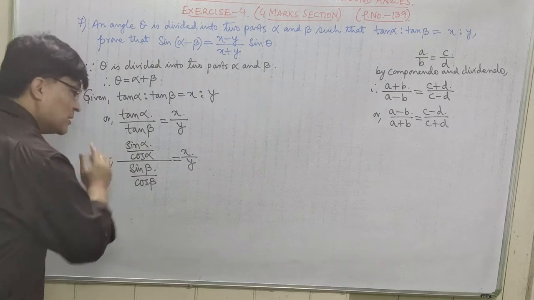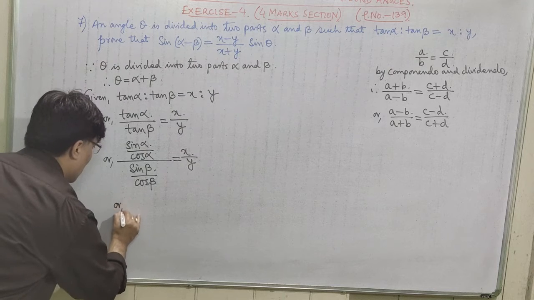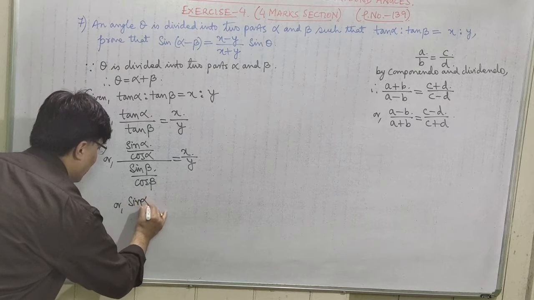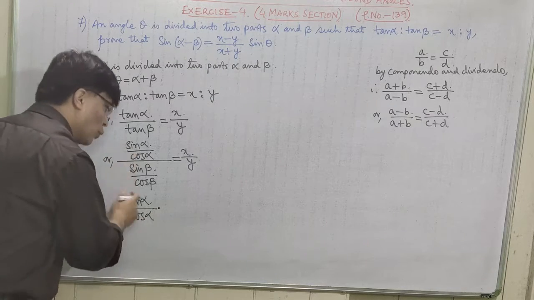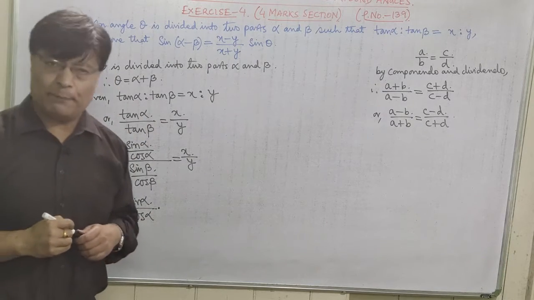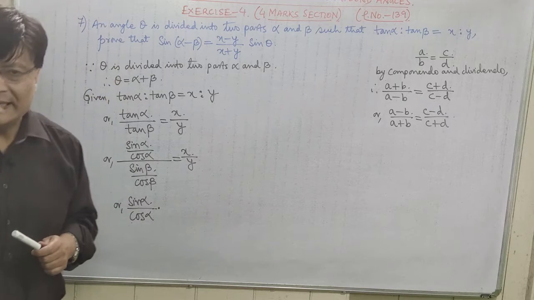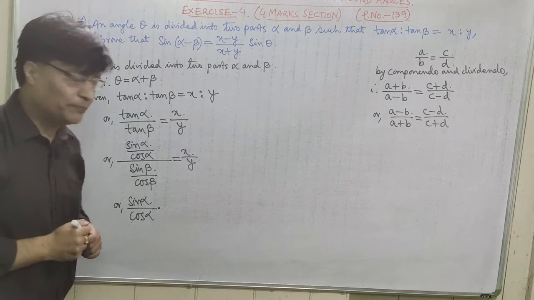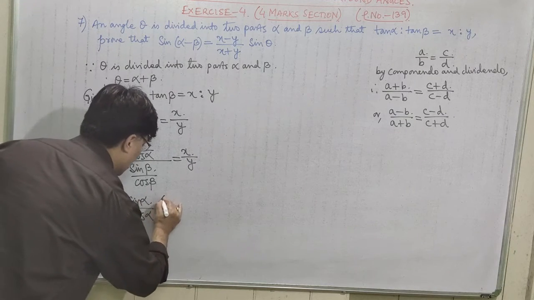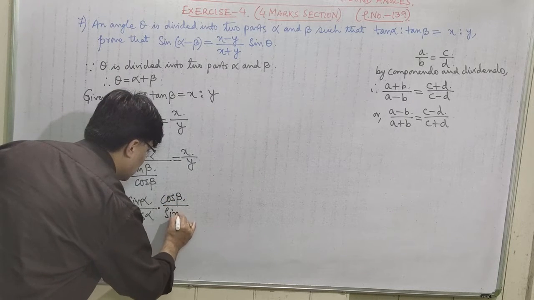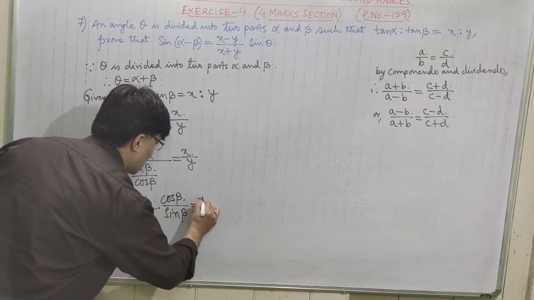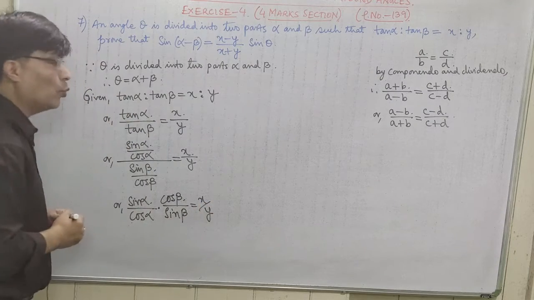So let us simplify this fraction now. Sine alpha by cos alpha is in the numerator. So when this denominator goes up in the numerator, you know that this becomes upside down. That is, you may have here cos beta divided by sine beta, which is equal to x upon y.